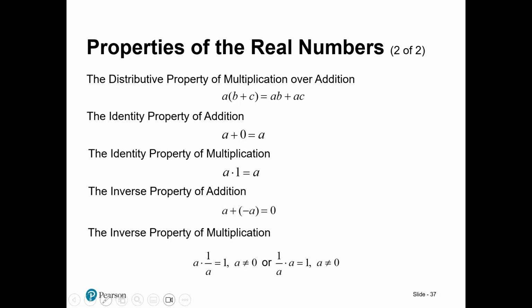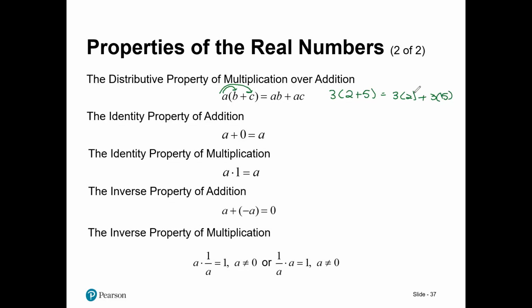We also have the distributive property, multiplication over addition. So if I have B plus C and it's multiplied by A, then I can just do this: A times B plus A times C. So if I had 3 times 2 plus 5, that's the same as saying I have 3 times 2 plus 3 times 5.